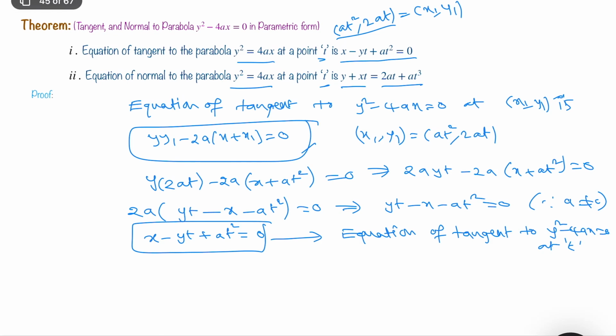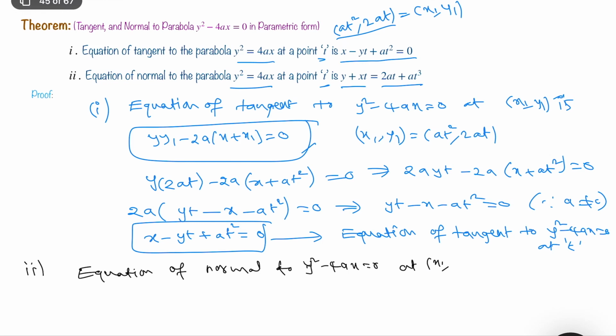Fine. Now let us write down the equation of the normal at a point t. First of all, the equation of the normal to y square minus 4ax equal 0 at x1 y1 is y minus y1 equal to minus y1 by 2a times x minus x1.